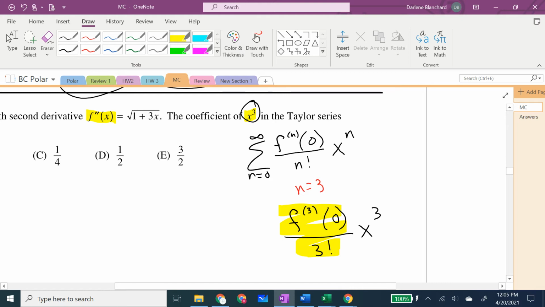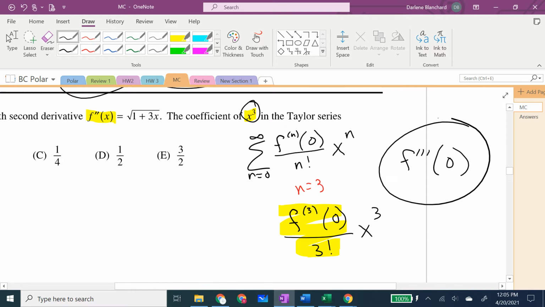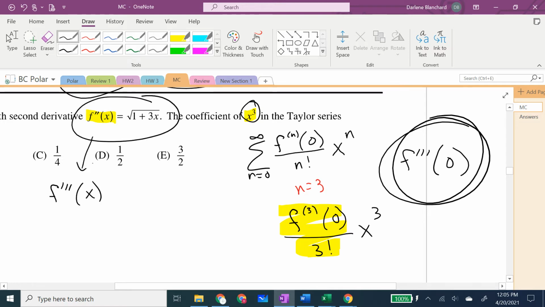That means I need to know the third derivative of f at 0. And I'm given the second derivative, and I don't have a calculator. So I am going to take the derivative of my second derivative. Square root of blah, chain rule says that's blah to the 1/2. 1/2 blah to the negative 1/2.